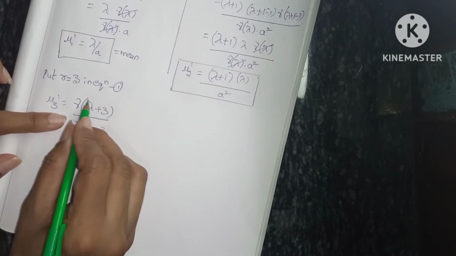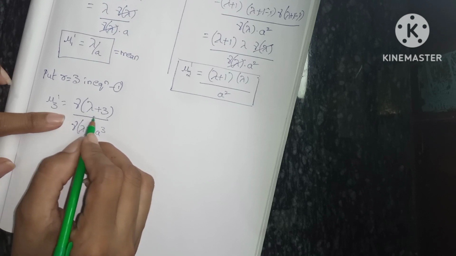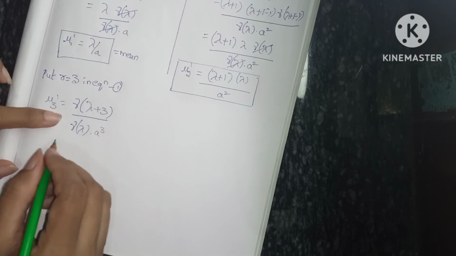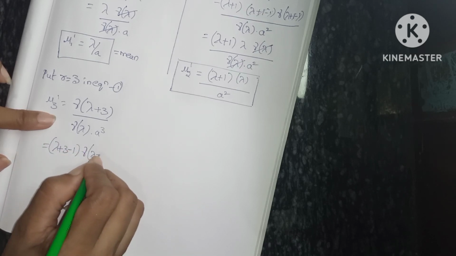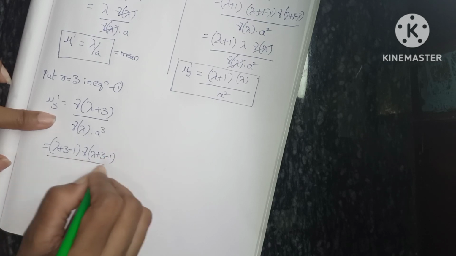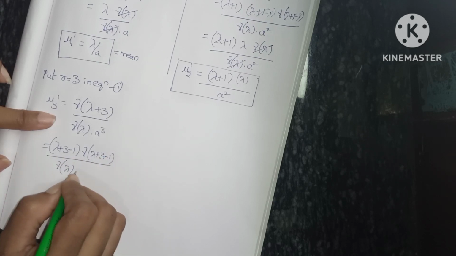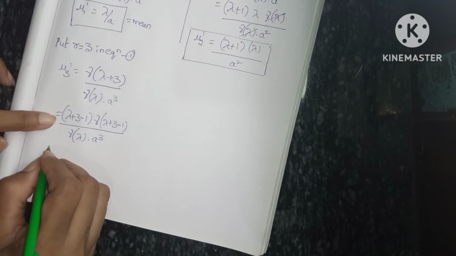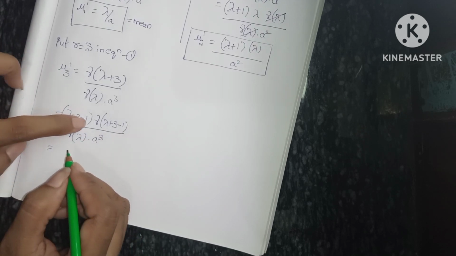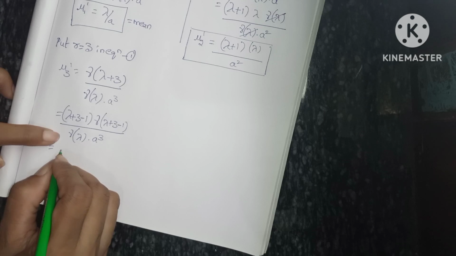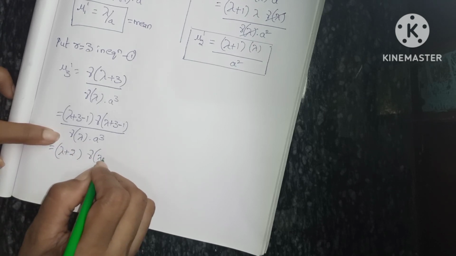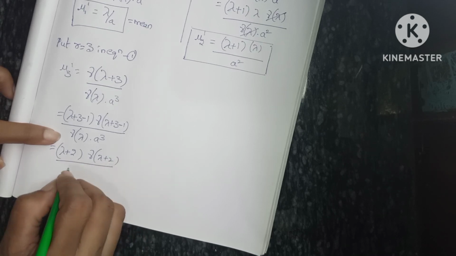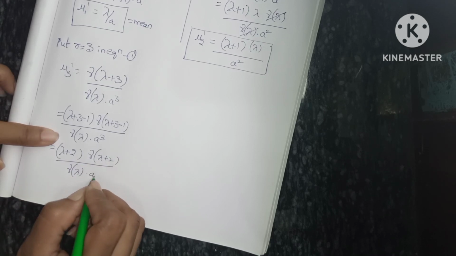This is in the form of gamma of lambda, so again we substitute the formula. That is lambda plus 3 minus 1 into gamma of lambda plus 3 minus 1 by gamma of lambda into a cube. Lambda plus 3 minus 1 is lambda plus 2. So lambda plus 2 into gamma of lambda plus 2 by gamma of lambda into a cube.